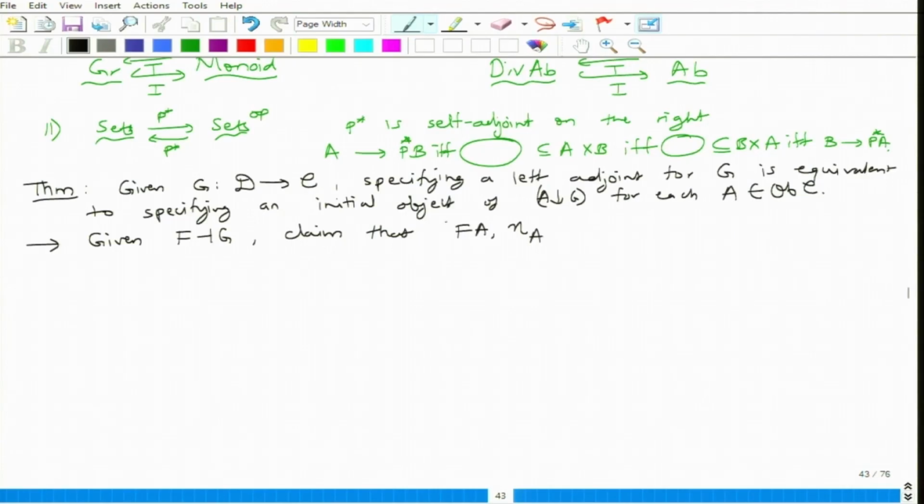I'm going to claim that FA comma eta A is an initial object of this arrow category.